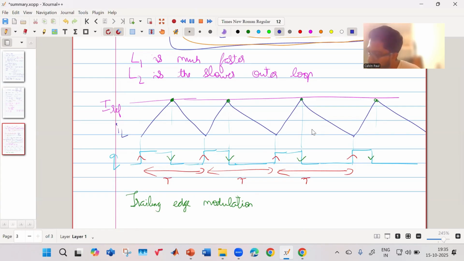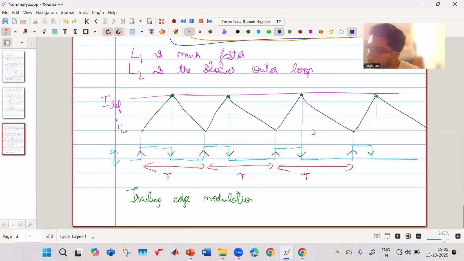Now, there is an issue. What happens when your duty is greater than 0.5 is it will reach here, it will fall this much only. Then it will reach here, and then it will fall like this. Then again it will reach, again it will fall like this. So it is no longer periodic.